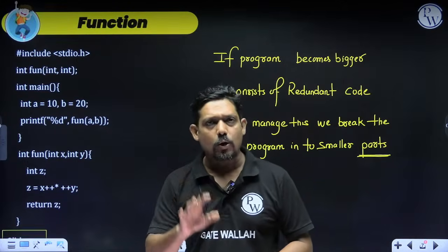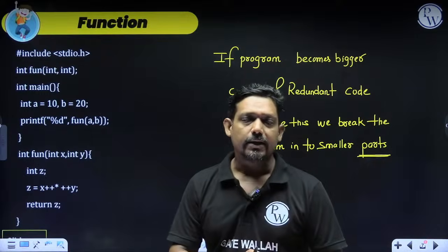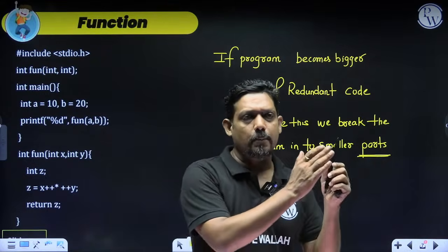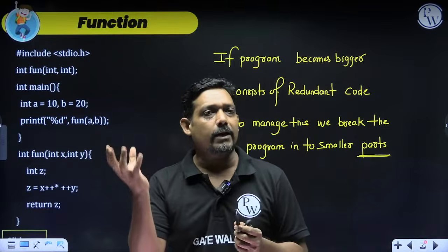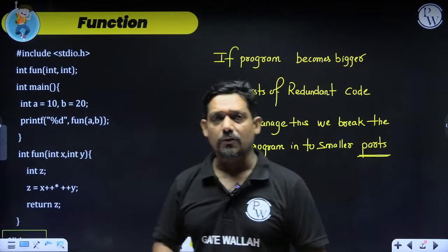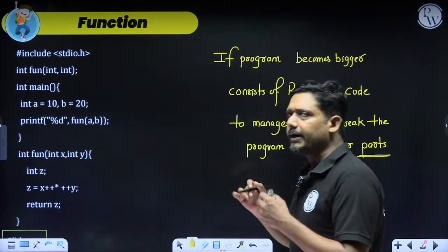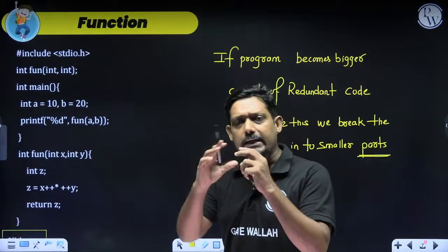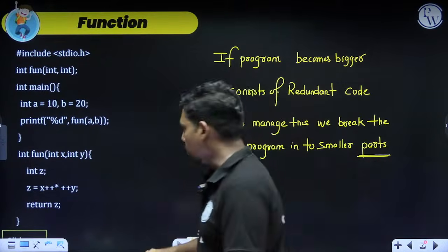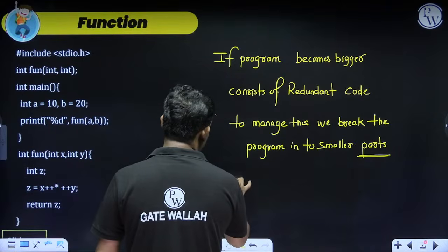So one of the core ideas of the function is to break the problem into smaller task parts, create a function and call the function. So that is the utility of the program. The entire code of a program is considered as a single logical unit.